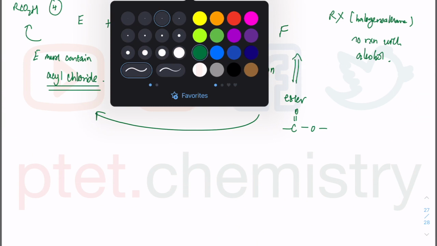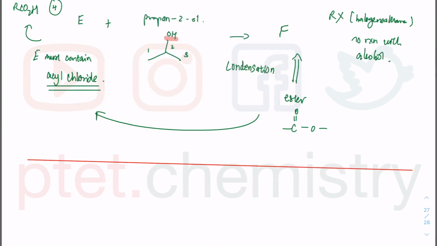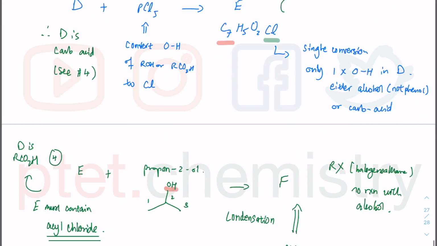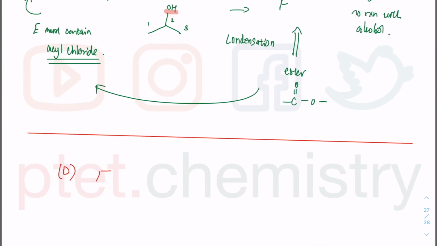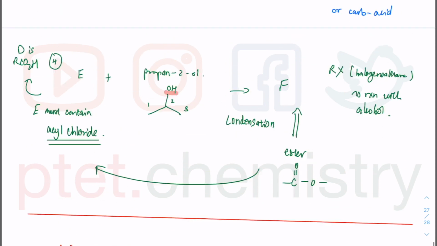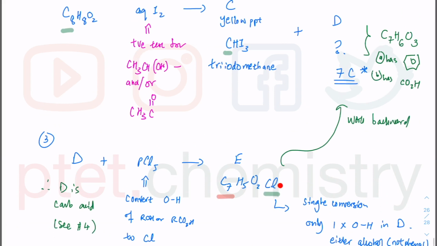So let's see where I can start from. We're going through analysis, right? If I start from D, D just now was a 7 carbon carboxylic acid. But what is the formula of D just now? So we work it out from here. We could go backward, where we take away the Cl and we add in the OH, because the OH in D gets replaced to give you this acyl chloride, as I said.